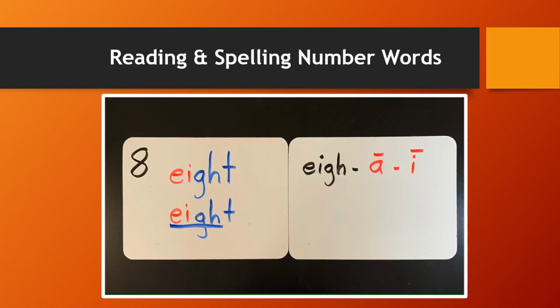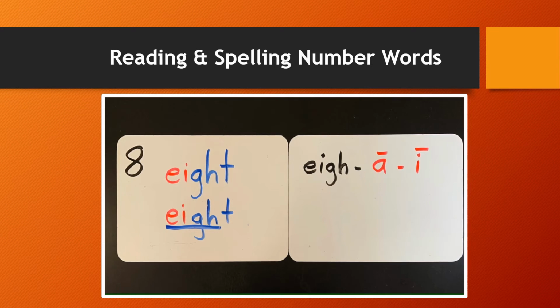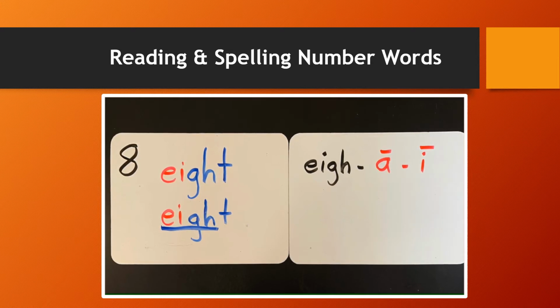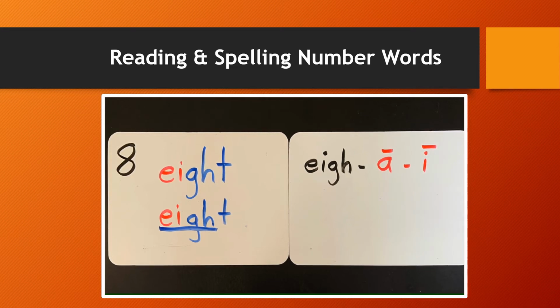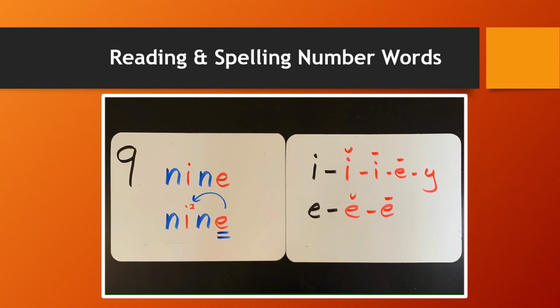They either say A or I. 8 is a single syllable word, one syllable, but it has 2 sounds within it, A, T. The E-I-G-H is the A, and the T is the T. So in order to spell it out, you need to know it's going to be a little tricky, and try to remember that 4-letter grapheme.